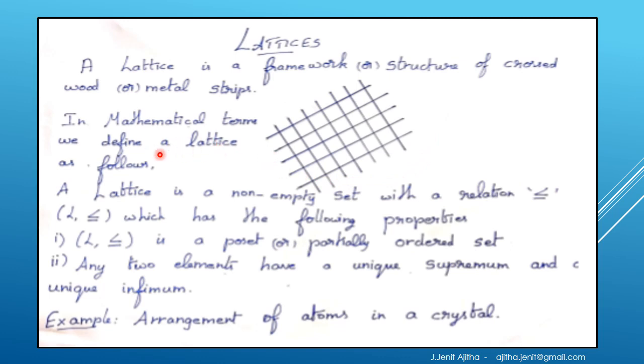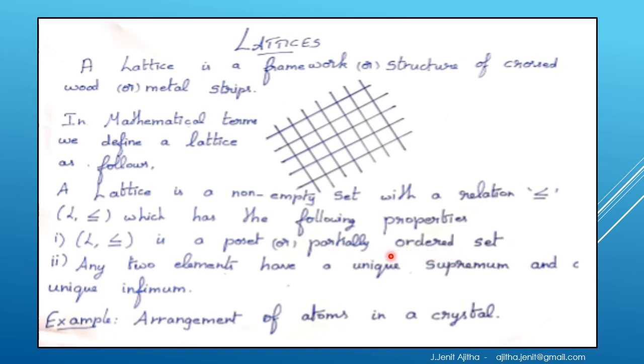And mathematically, we define a lattice as a non-empty set L with a relation denoted by the symbol less than or equal to, which has the following properties: L, less than or equal to should be a poset or partially ordered set.